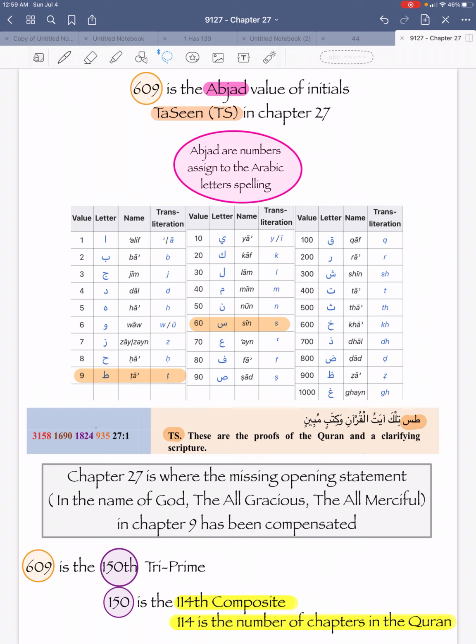As we can see from 27:1, where God said, Ta-Sin, these are the proofs of the Quran. God is telling us that these two initials are the proofs of the Quran, and we are seeing this proof right now. This mathematical proof is the proof that God is telling us here.